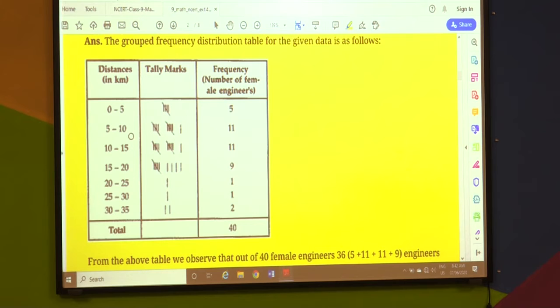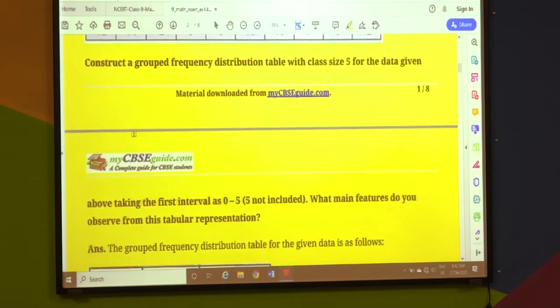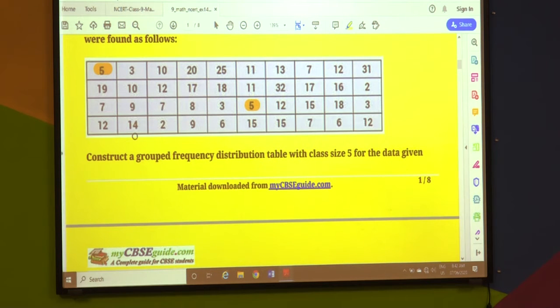This was not possible in our first question where the blood groups were present. Can we make the blood groups continuous? No, it is not possible. Here it is possible. So we are just going to count and write.